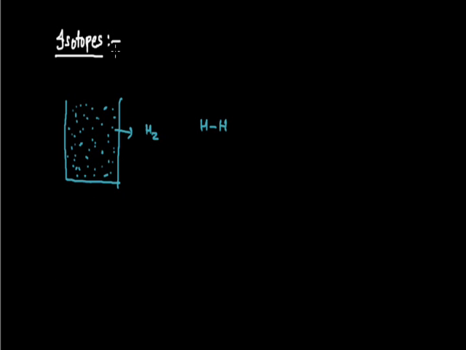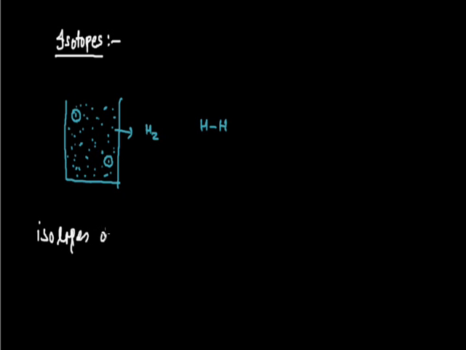Now there are some dots in this container which have some different properties than other dots, and these dots have different masses than other dots, and these are isotopes. So what is the difference between this hydrogen and the other hydrogens? That is known as isotopes. So isotopes of an element we can define here.